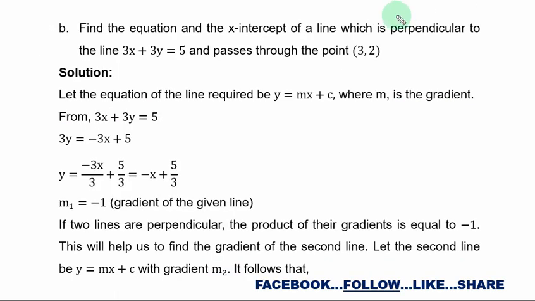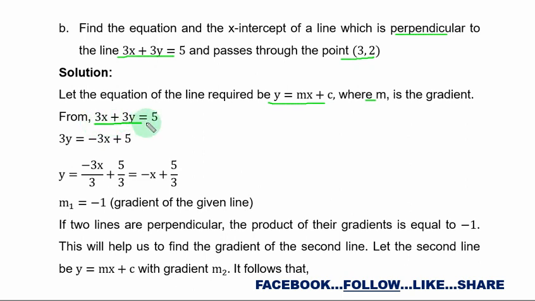Question 8b. Find the equation and the x-intercept of a line which is perpendicular to the line 3x plus 3y equal to 5 and passes through the point (3, 2). Solution: let the equation of the line required be y equal to mx plus c, where m is the gradient.